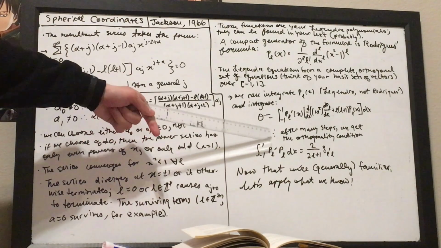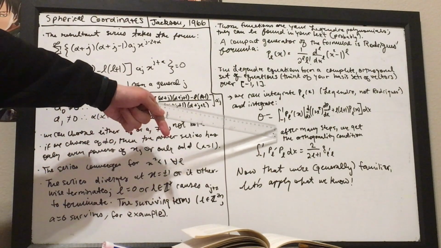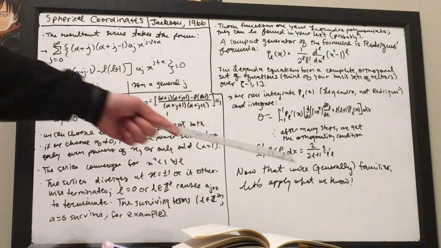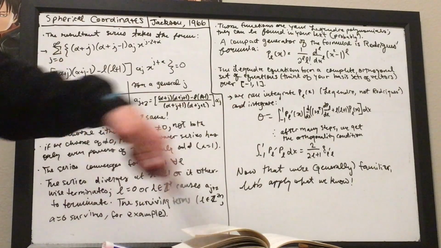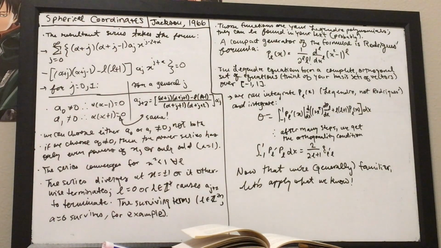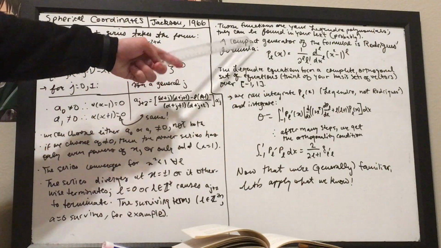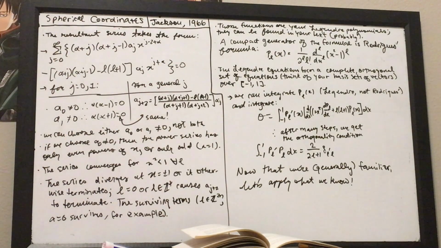And then after a bunch of different steps, we can actually describe an orthogonality condition with P sub L prime being a different Legendre polynomial, namely where L prime and L are different values.